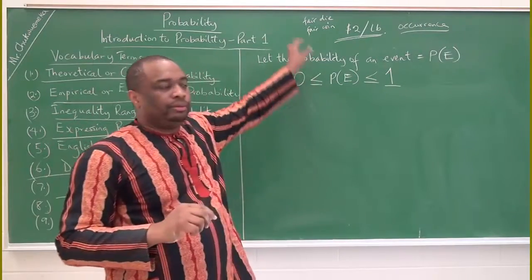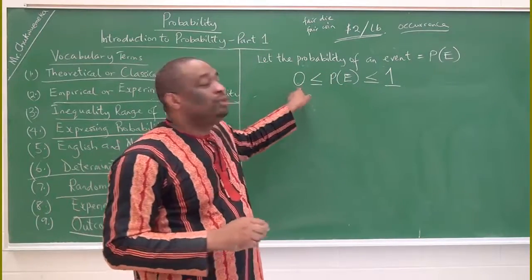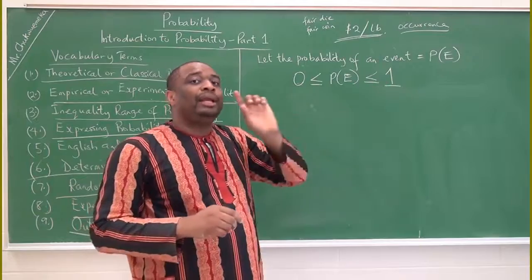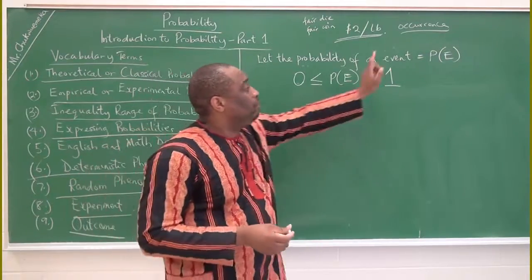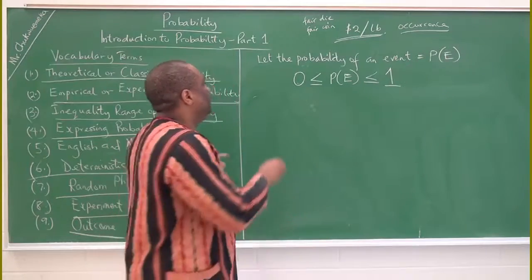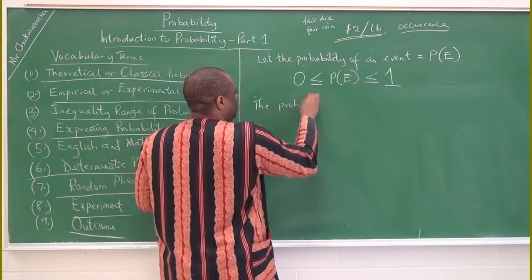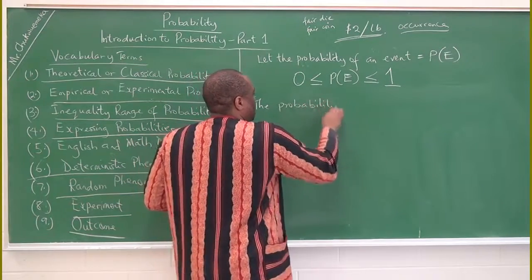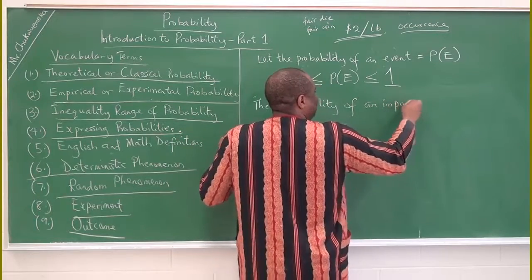What does this tell you? This tells you that the probability of an event is between 0 and 1. It cannot be less than 0, it's not going to be negative, and it cannot be more than 1. Now, the probability of an impossible event. What is an impossible event?